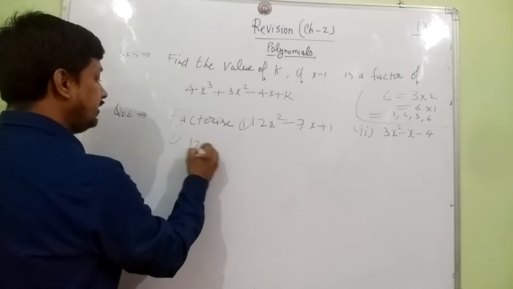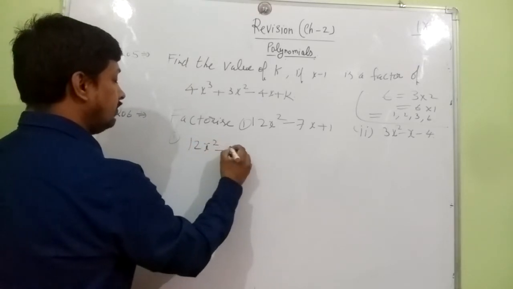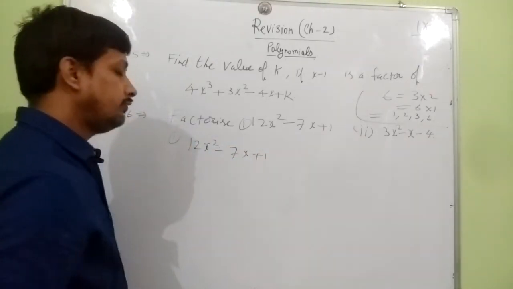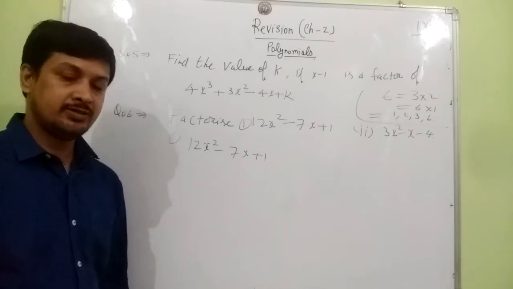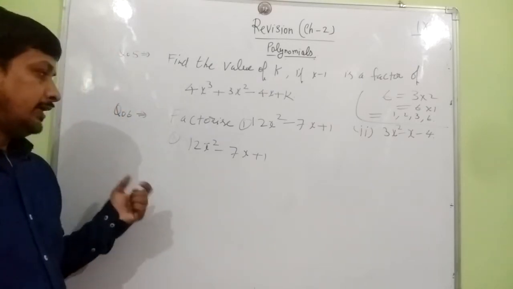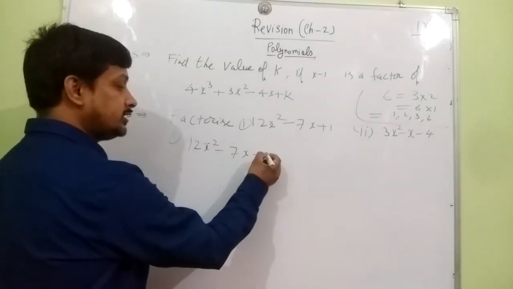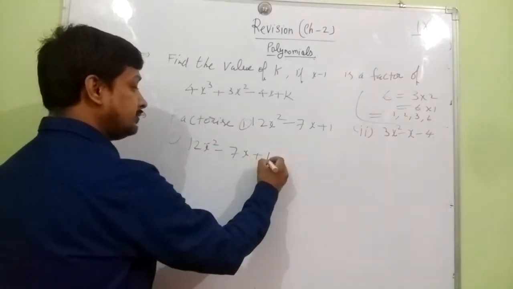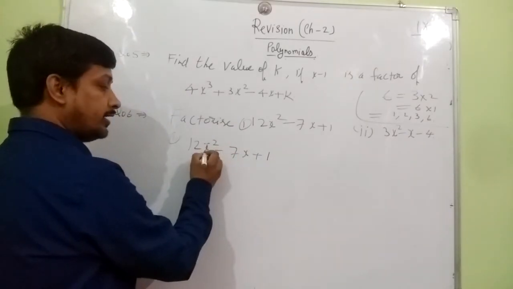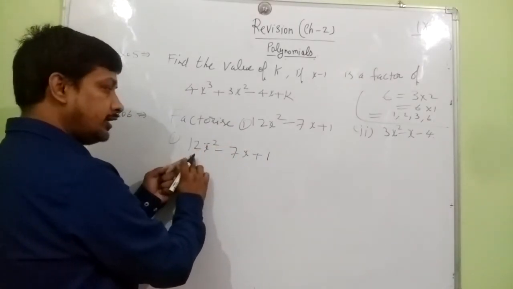So for example, we have 12x square minus 7x plus 1. So we will apply the midterm splitting method. In this method, first of all, we will multiply the constant term by the coefficient of x square. The coefficient of x square here is 12.